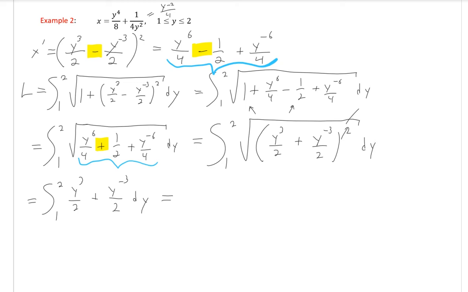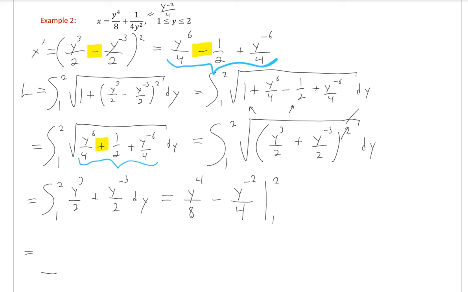That integrates to become, the first one will become y to the 4th over 8. And then the next one will become minus y to the negative 2nd over 4 from 1 to 2.